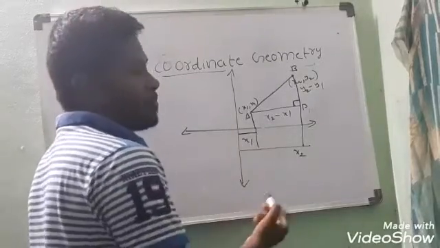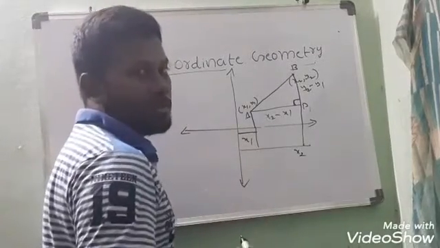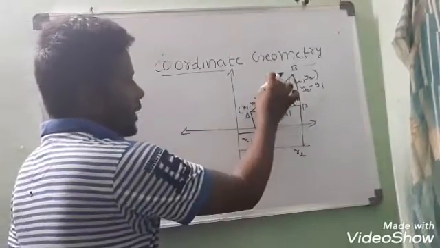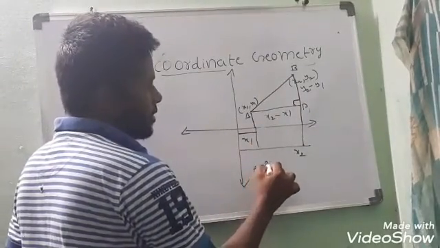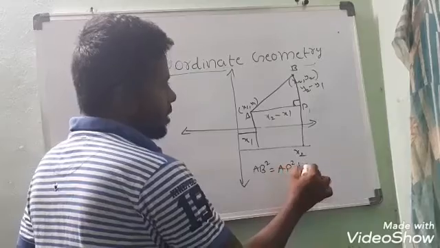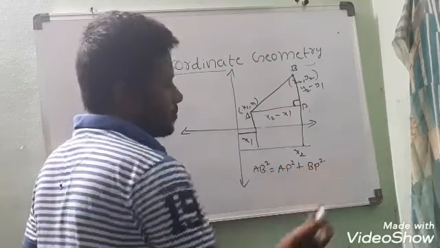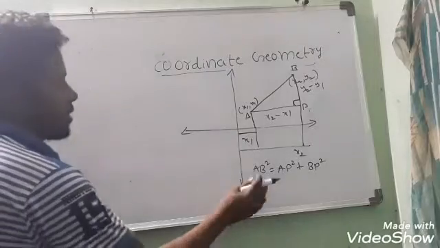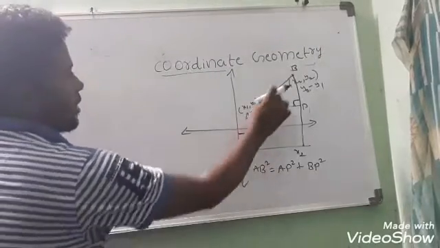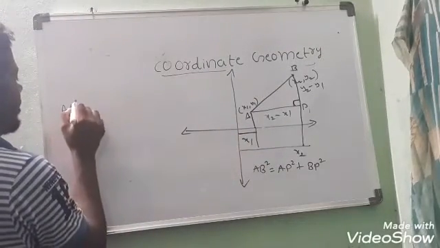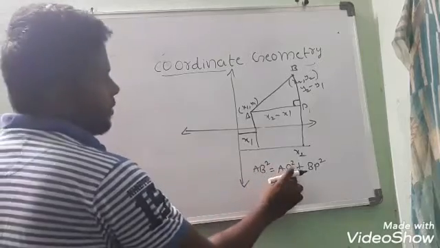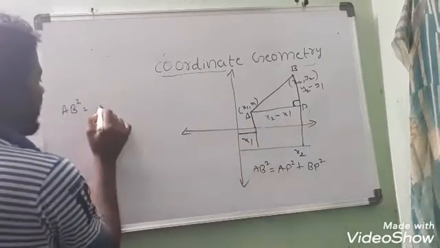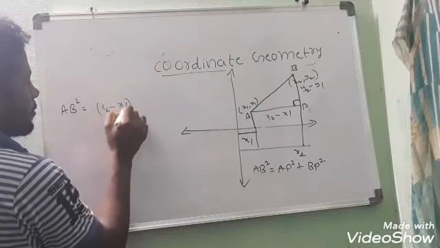Now let's apply the Pythagoras theorem. This is the hypotenuse, so AB square is equal to AP square plus BP square. What is AP? x2 minus x1 whole square.